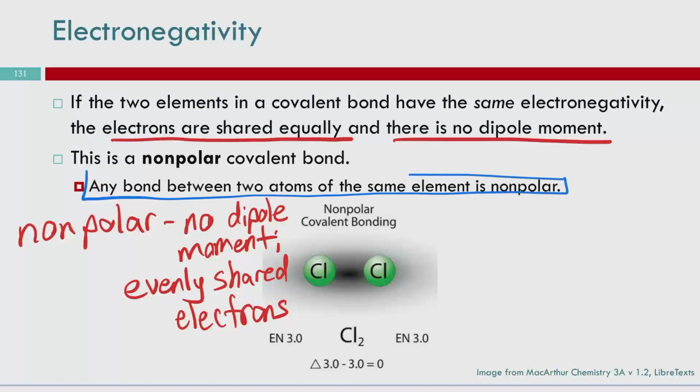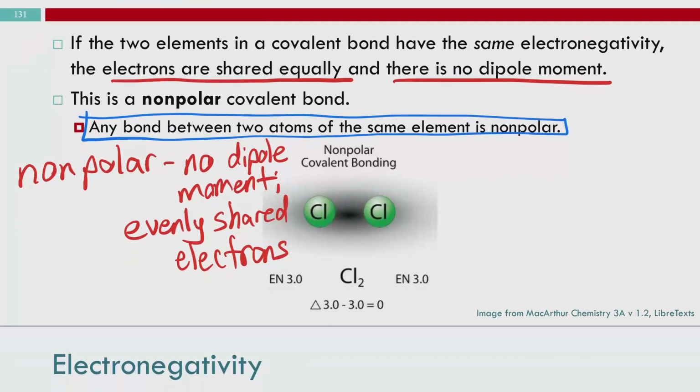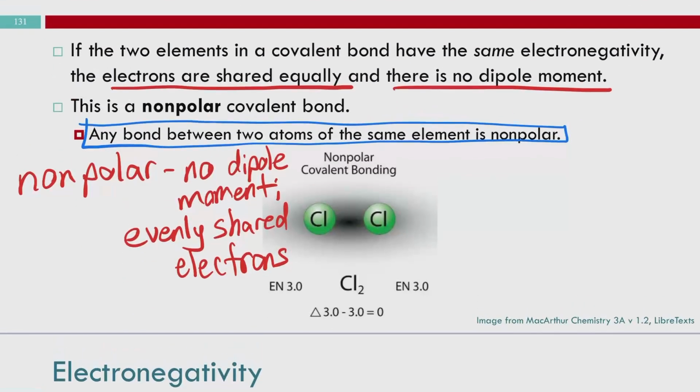This is going to occur anytime we have the same two elements. So anytime something's bonded to itself, it's always going to share perfectly equally because they have the same tug of war stat for the electrons. So they're going to pull the same amount, they're going to share it nice and evenly. So that's our nonpolar covalent bond.